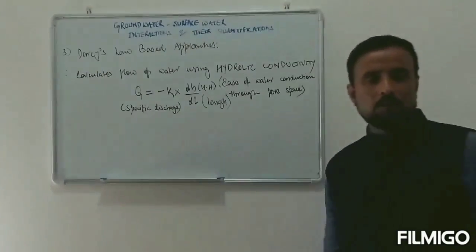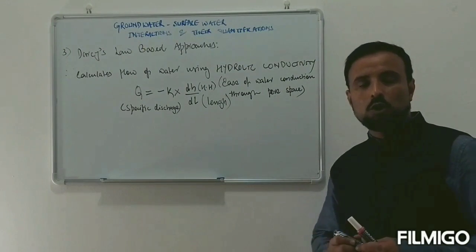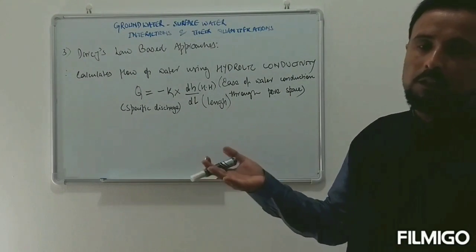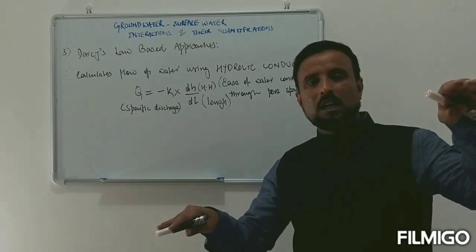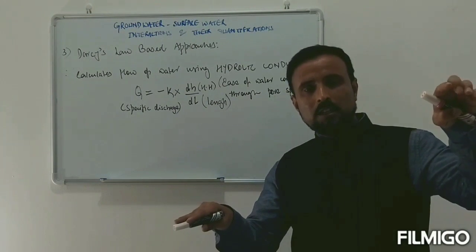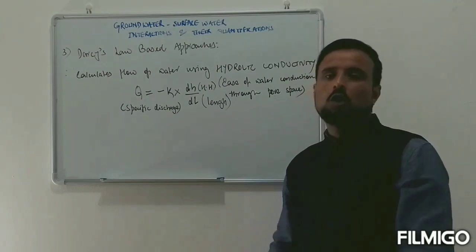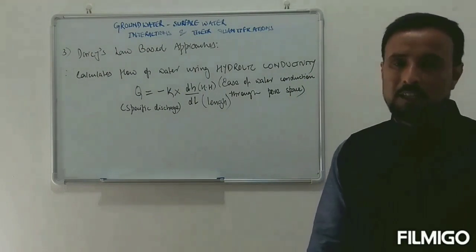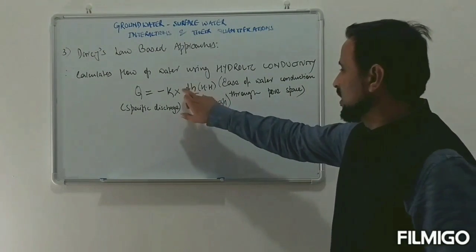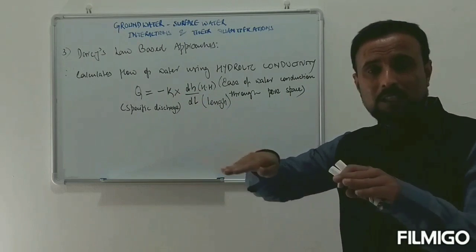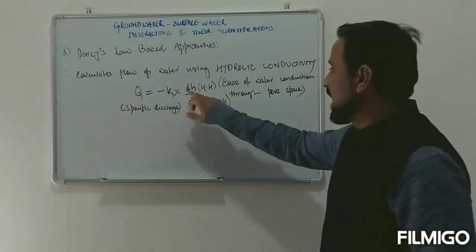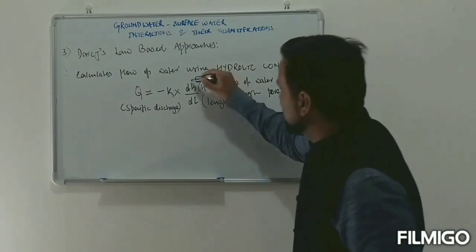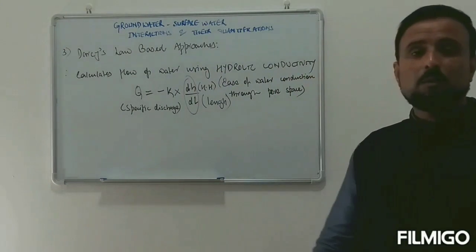When I was discussing the seepage meter, I told you that the seepage meter calculates the difference between the hydraulic heads. From a high hydraulic head, water flows to the low hydraulic head, right? So there is a hydraulic head difference between two layers, the groundwater layer and the surface water layer. That can be calculated by dH upon dL.